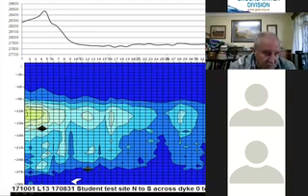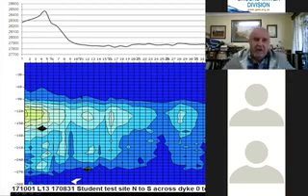Incidentally, you can see the depth there, 30, 60, 90, down to 300 meters. The yield of the hole was 1.75 liters per second, if I remember correctly.